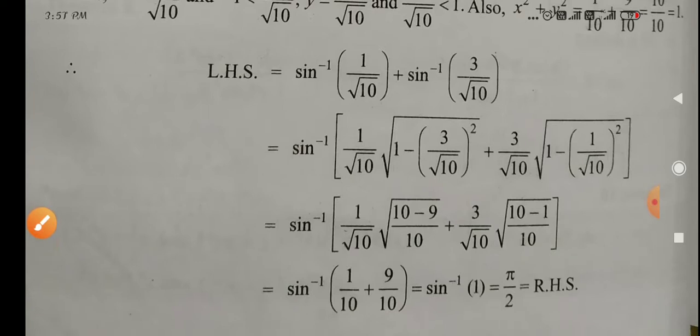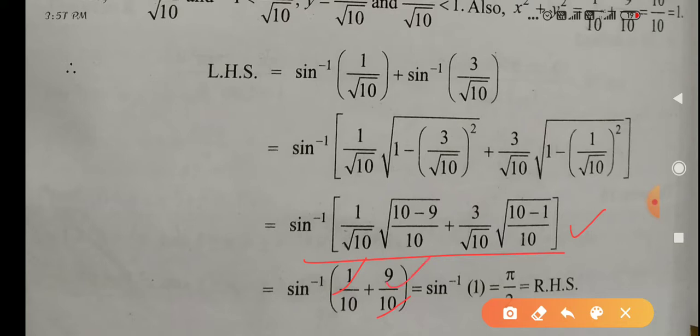Inside the root, 10 minus 9 upon 10. After simplification, root 10 will become 10, and 10 minus 9 is 1, and root 1 is 1. So 1 upon 10. Here root 10, 10, and under root 9, 3 is a 9.